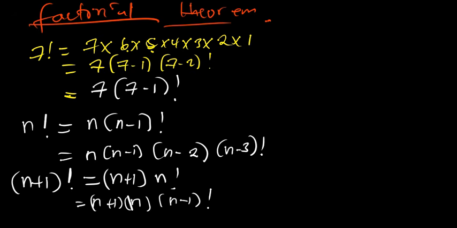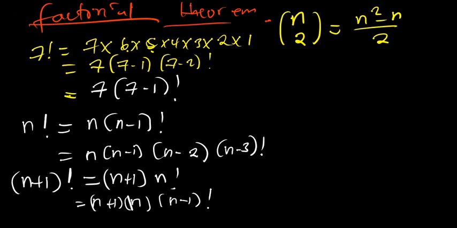Okay, let us look at a certain question that is in one of your tutorial sheets. That is question 2. It says show that n choose 2 is equal to n open brackets n minus 1 divided by 2.